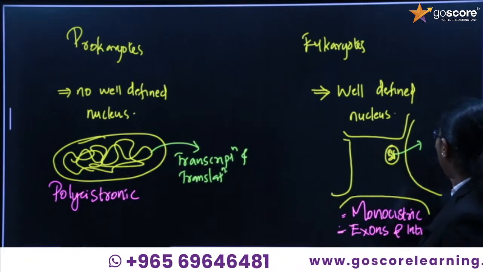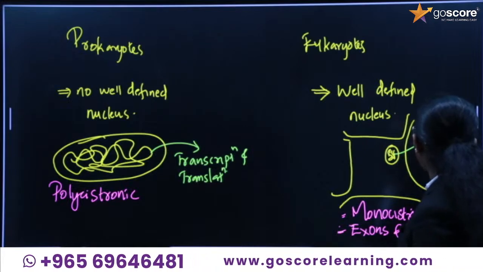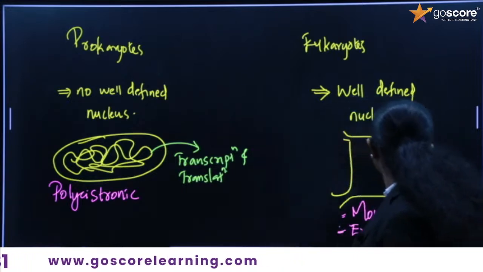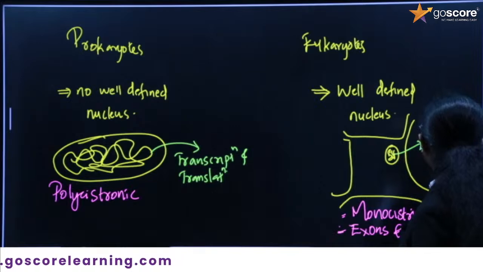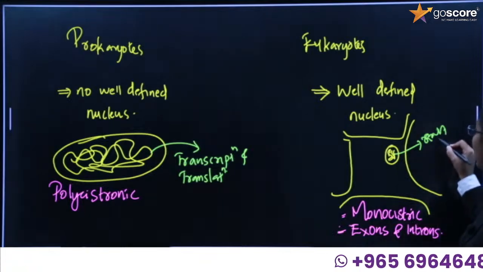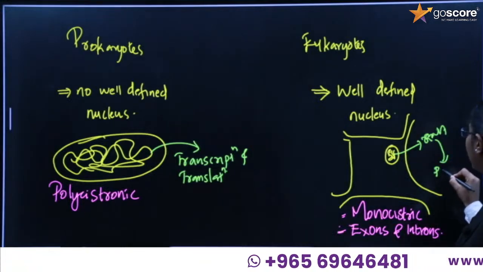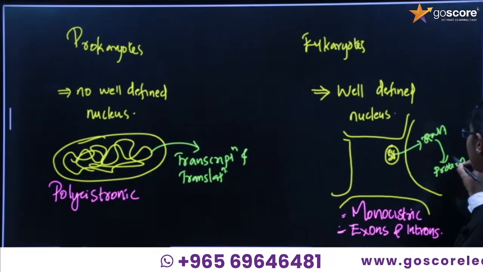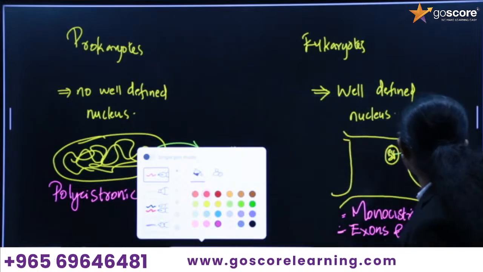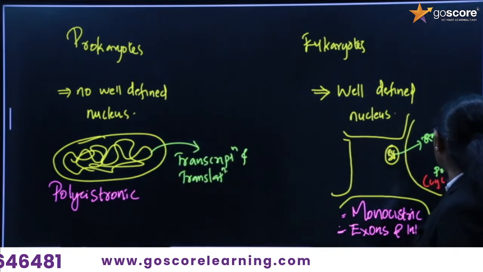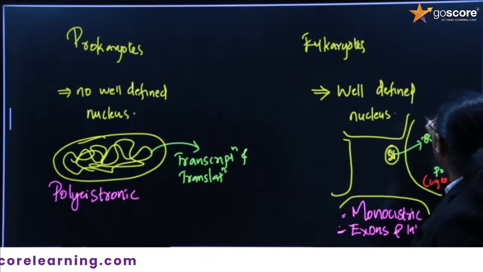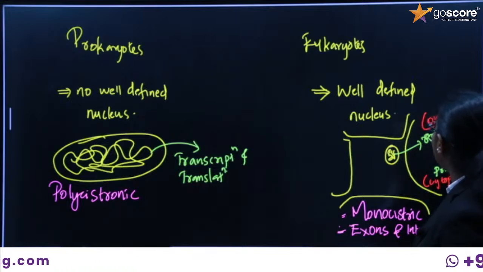So the transcription, that means the formation of RNA, takes place inside the nucleus, whereas the formation of protein, that is translation, takes place inside the cytoplasm. The site is very important. RNA is formed inside the nucleus.